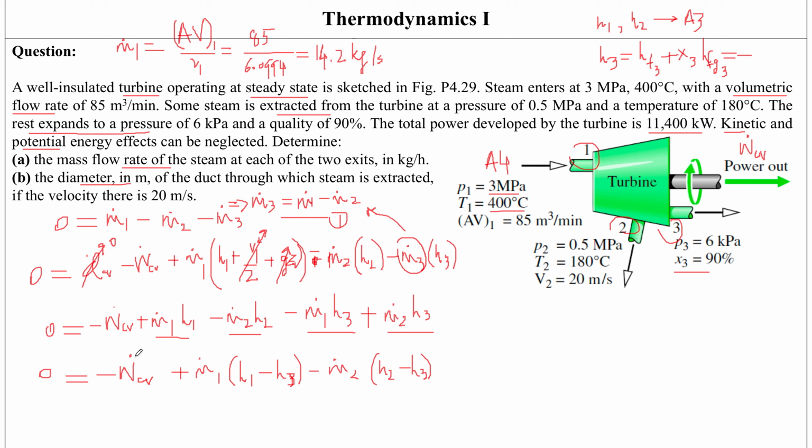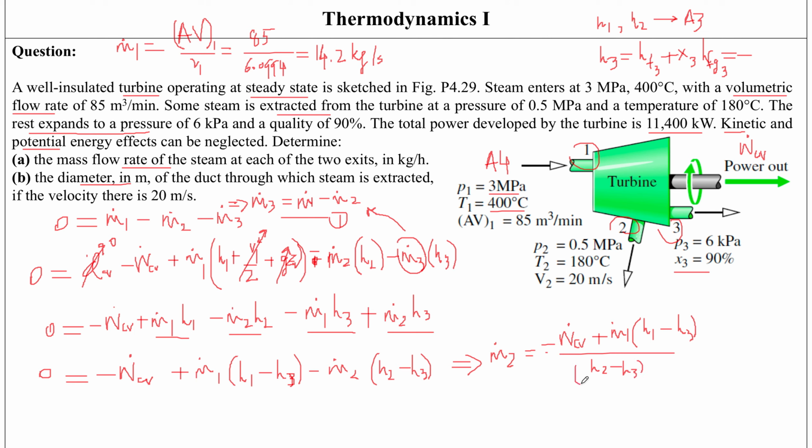You already know what m dot 1 is, you know what work done across the control volume is, so you can find out m dot 2 from here, right? So you can find out m dot 2 in terms of work done across the control volume, mass flow rate at 1 into h1 minus h3, divided by h2 minus h3, which was being multiplied by m dot 2.